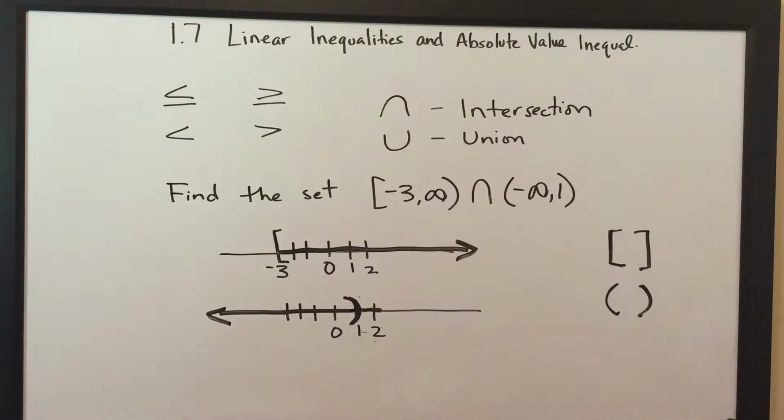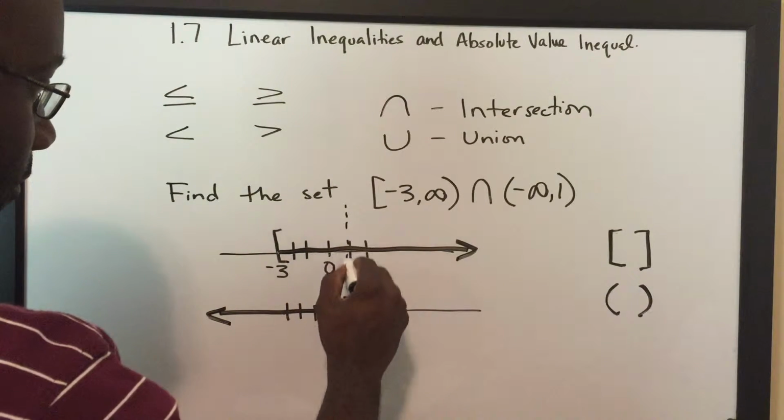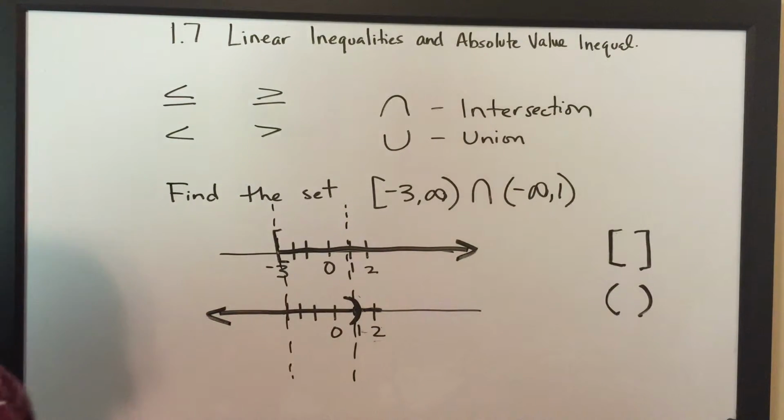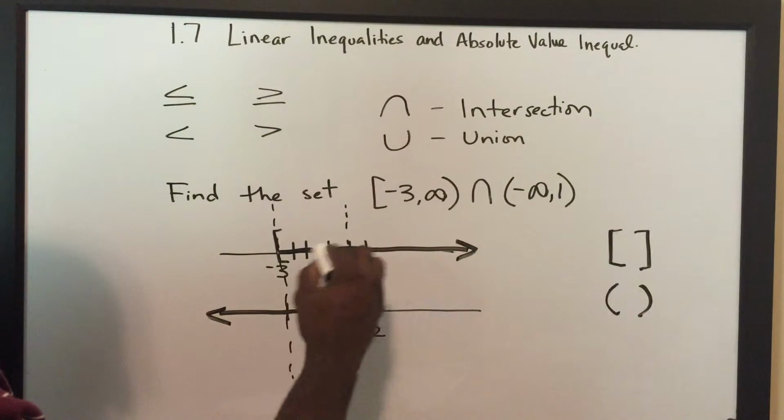Okay, so now that we have this, it's asking for the intersection. When it asks for the intersection, we take the part of the number line that each graph has in common. And that would be that there, and right there. So both graphs have this part right here in common.